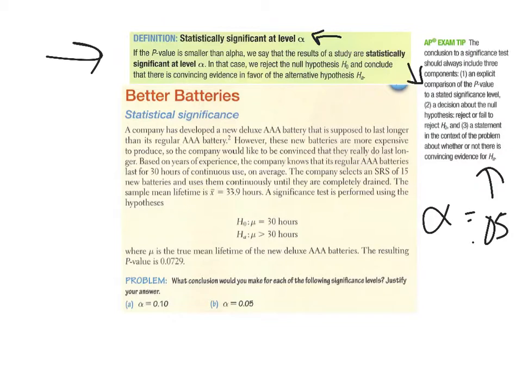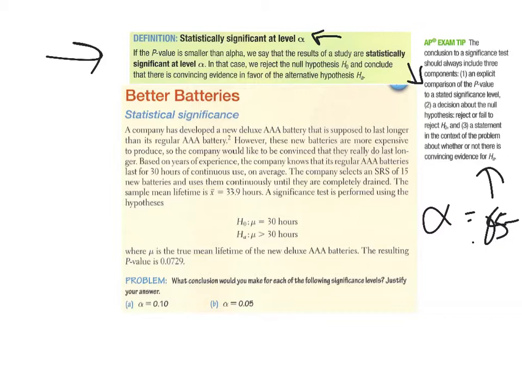That leads me to my decision about the null hypothesis. So I fail to reject it because there is not convincing evidence for the alternative hypothesis that teens were getting less than 1,300 milligrams of calcium.